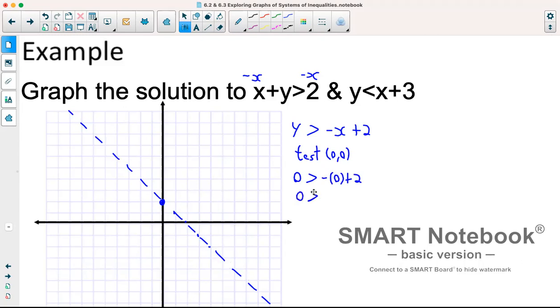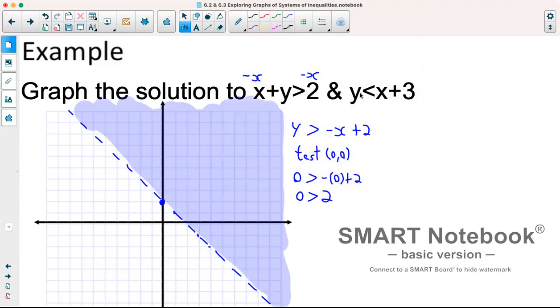So I've got 0 is greater than 2. That does not make sense. So where my test point was will not get shaded. The opposite side of the line will be. So the shaded area represents what parts or what coordinates satisfy this original equation here.